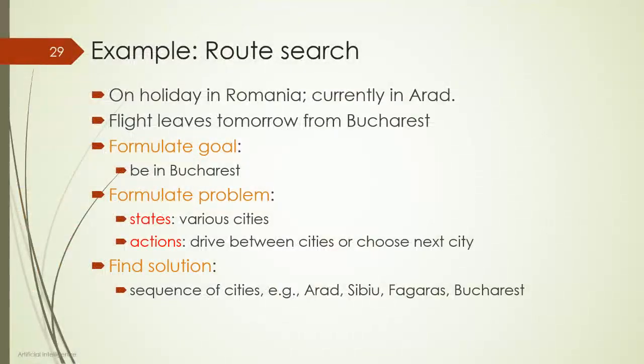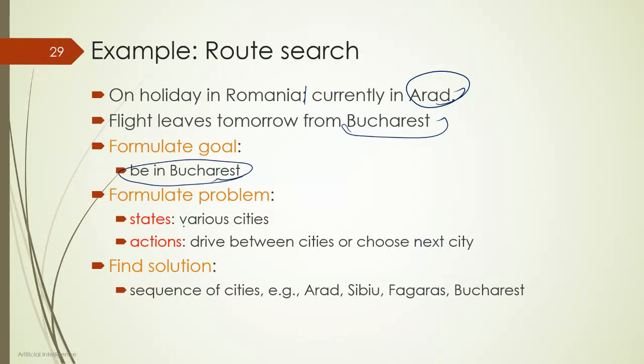So, for example, again, I'm defining my problem. On a holiday in Romania, we are back to Romania, and our agent is at the moment in Arad. The flight leaves tomorrow from Bucharest. So the goal is to be in Bucharest.